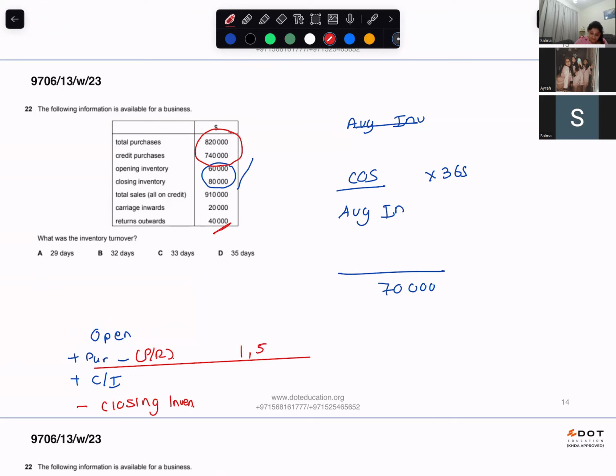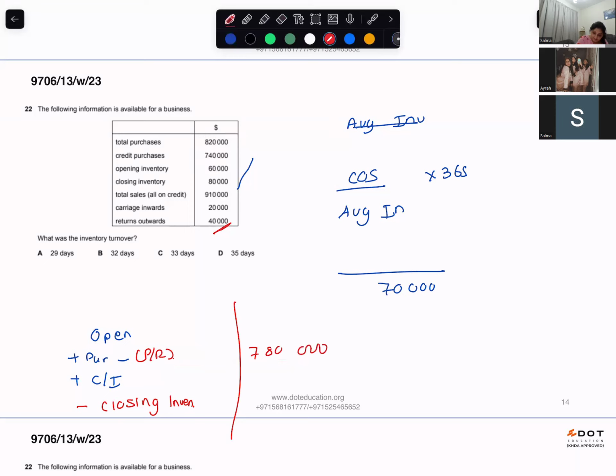Okay, purchases you asked me. So it'll be 820,000 minus 40,000, so it's coming to 780,000. What is opening inventory?